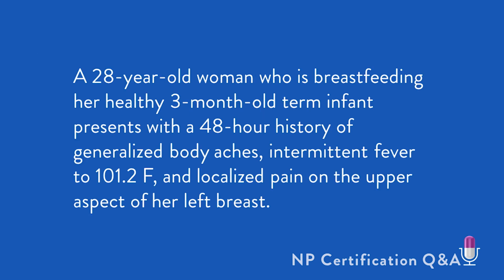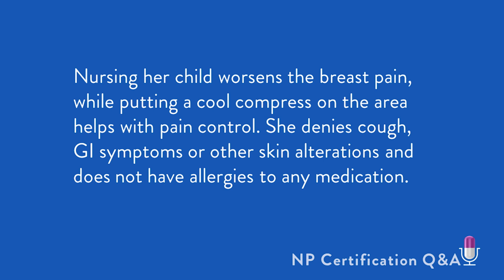A 28-year-old woman who is breastfeeding her healthy 3-month-old term infant presents with a 48-hour history of generalized body aches, intermittent fever to 101.2 Fahrenheit, and localized pain in the upper aspect of her left breast. Nursing her child worsens the breast pain, while putting a cool compress on the area helps with pain control.